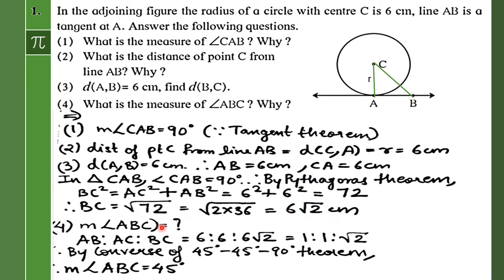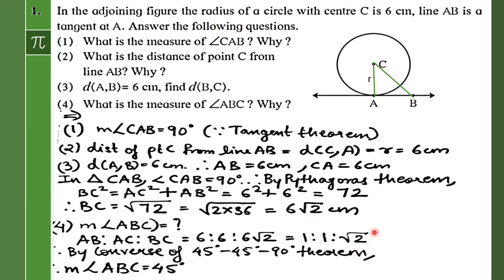Now the fourth part is we need to find the measure of angle ABC. AB is 6, AC is also 6, BC is 6 root 2. If you find the ratio of all three, you will get 6 is to 6 is to 6 root 2, and if you divide by 6 throughout, that will be 1 is to 1 is to root 2.